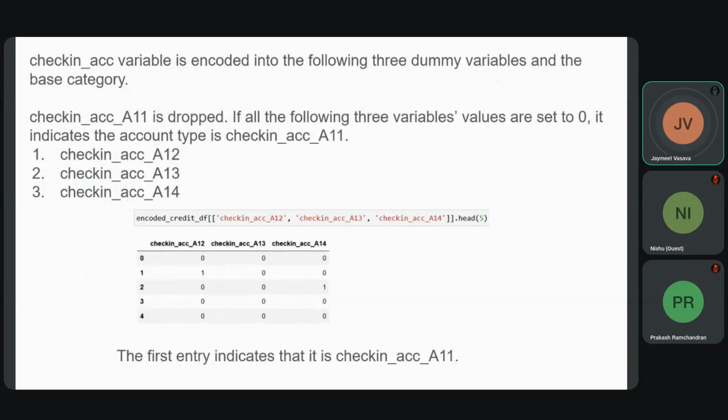Now, the checking account variable is encoded into the following three dummy variables and the base category. The checking account A11 is dropped, as just seen. If all the following three variables are set to 0, it indicates that the account type is checking account A11.